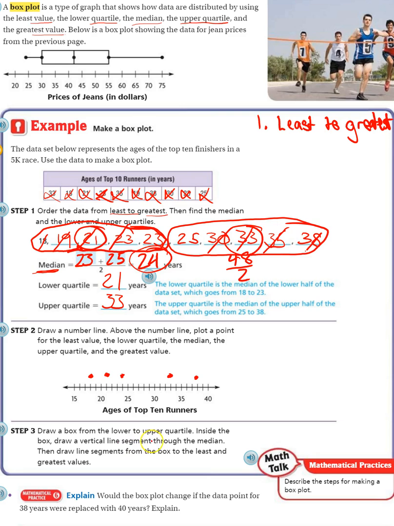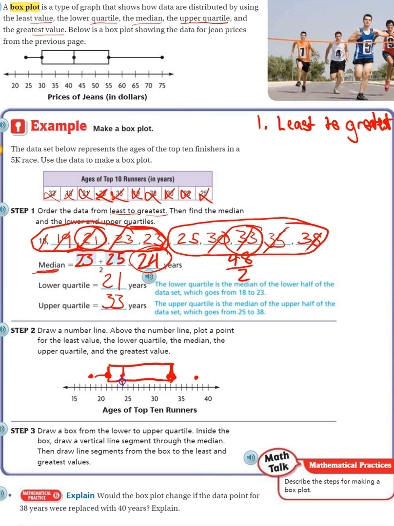Draw a box from the lower to the upper quartile. So this is the least value, and then our box goes around the lower and upper quartiles. It should go right on that dot, like so.